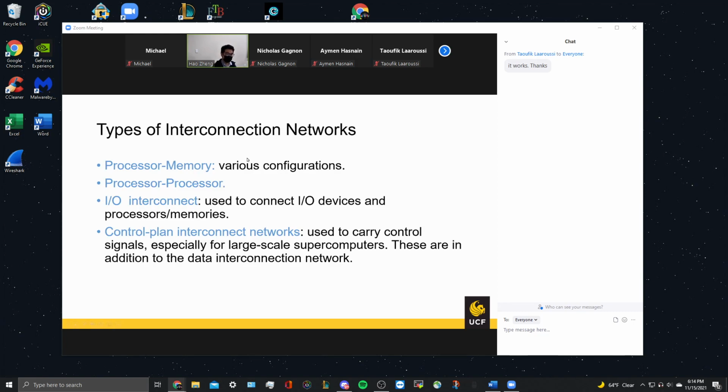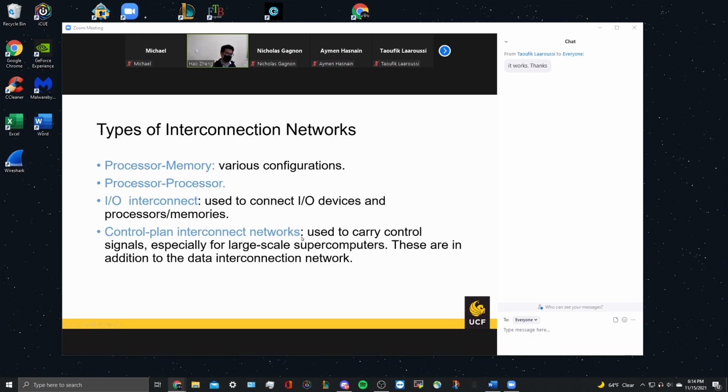So the types of interconnection networks, in summary: we have processor-to-memory in different kinds of configurations, with distributed or unified memory. So how to connect the processor to memory and the processor to processor? And I/O is used to connect I/O devices with the processors and memories.